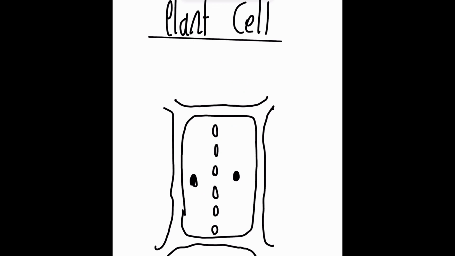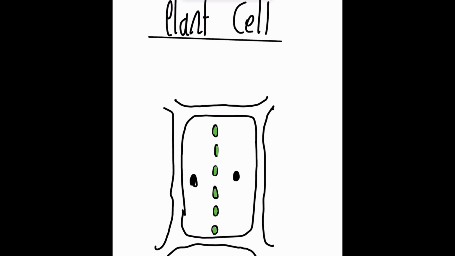You may notice that during cytokinesis of a plant cell, something has occurred within the cell. You may notice that vesicles have started to form in the center of the cell. These vesicles are crucial in the formation of something called a cell plate.